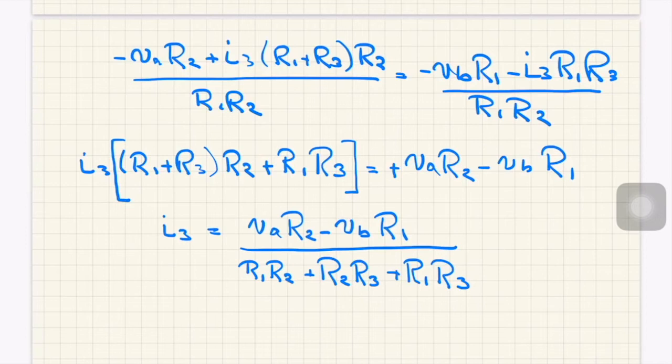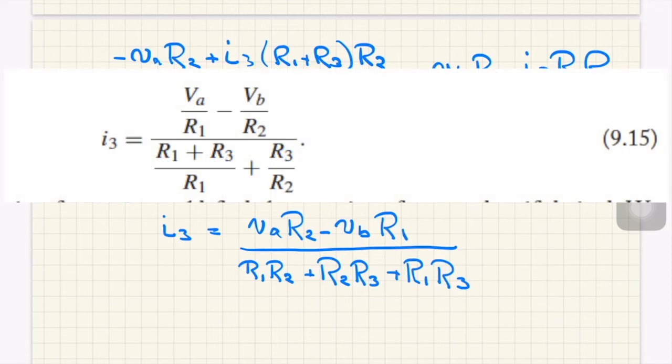Now what you'll notice in the textbook actually is we have a very different form for the equation. You might look at that equation 9.15 and you see that it looks quite a bit different. And we can show that we can actually get to that same point. To me, that's a messier form.